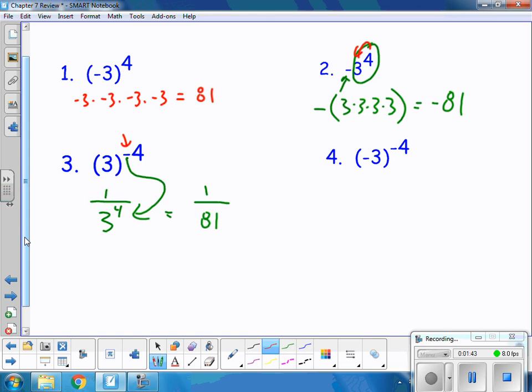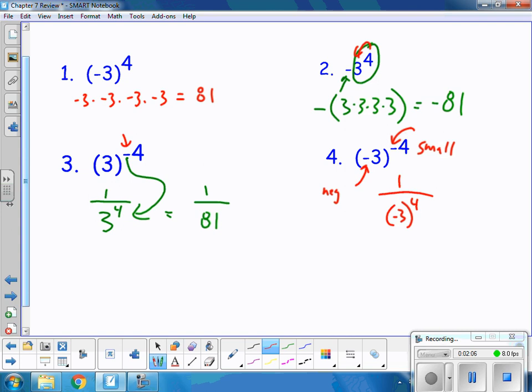This one, same situation. This negative here tells me that it's small. This negative here tells me that it is negative, but it's in the parentheses, so I need to pay attention to it. Because it's small, it's a fractional amount, it's still going to be in the parentheses to the fourth power.